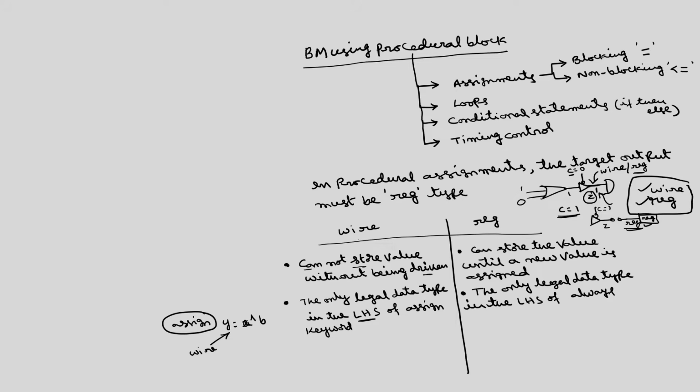Normally, this always will be used in the procedural statements block, after either this operator or this operator. So, an example is if I write always @(a or b), y is equal to a exclusive-OR b.